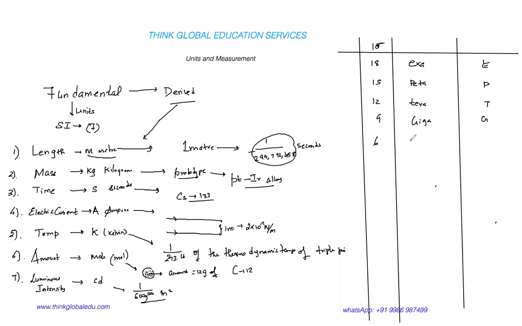And 6 would be mega, as in megawatts, so capital M. And 3 is kilo, represented by small k.